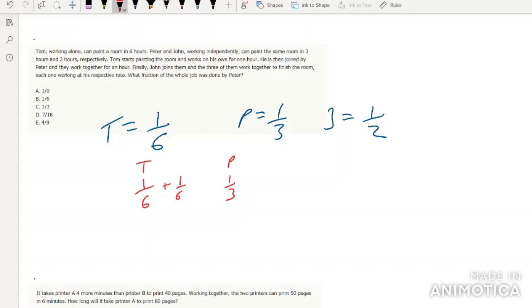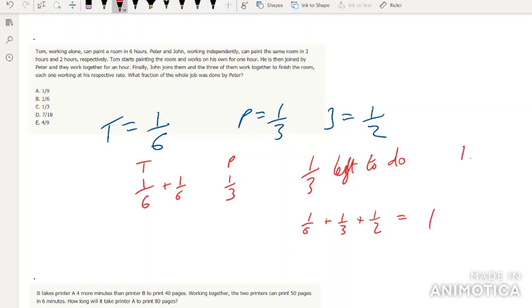So we would get another, well, let's use the fixed unit of time. We've got 1/3 left to do. If they worked for another hour, we'd get 1/6 plus 1/3 plus a half done, which is, oh wow, but that's just one.